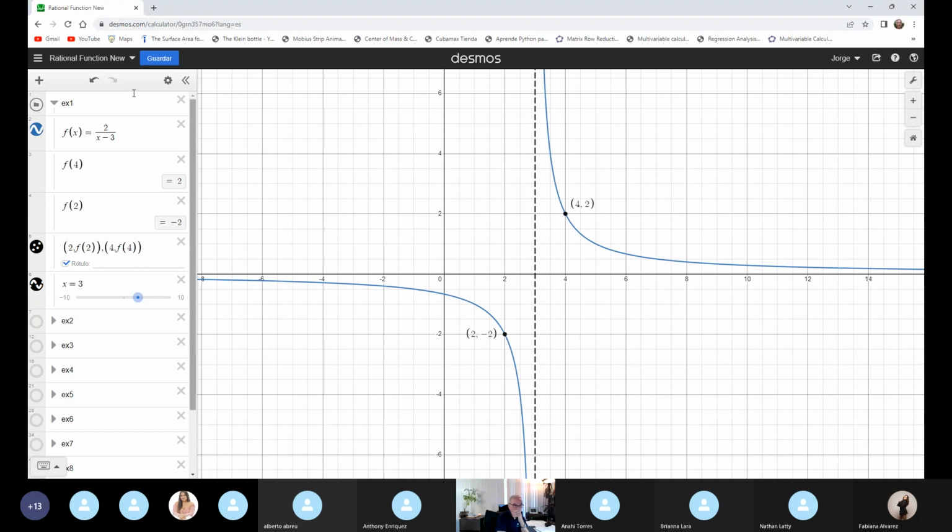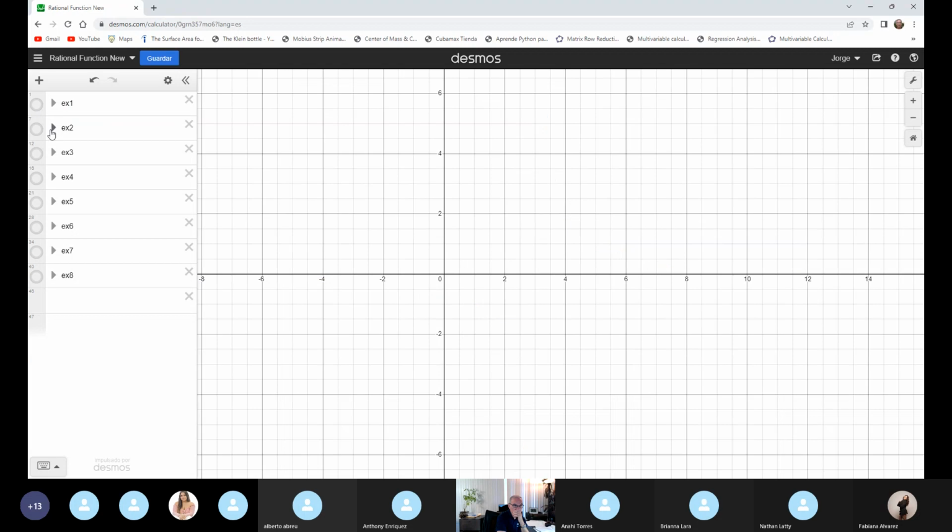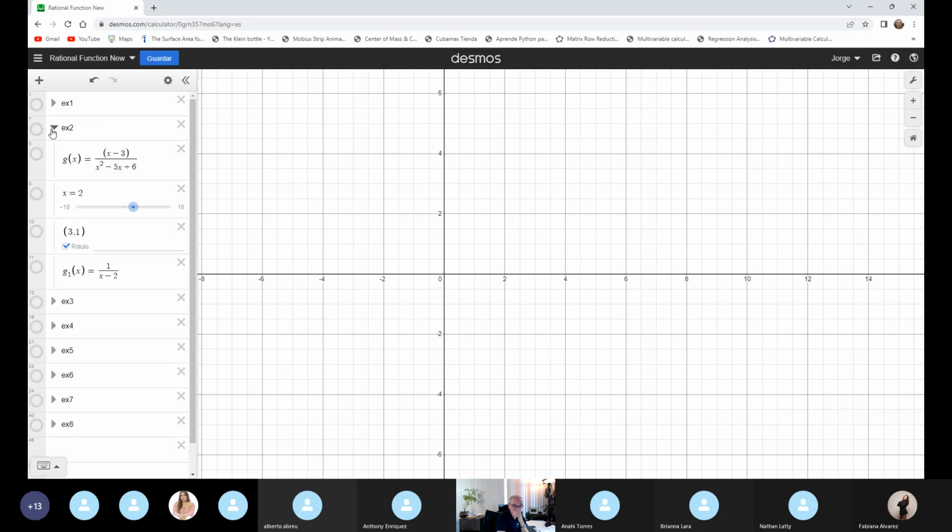Okay. This is example 1. Was it clear? Now example 2. Example 2 is more complicated because we have the hole. Look at that. This is my graphic. Again, I'm using blue color. And the important point is this.